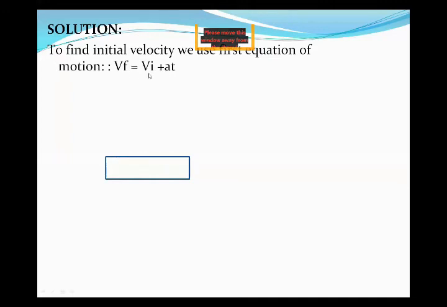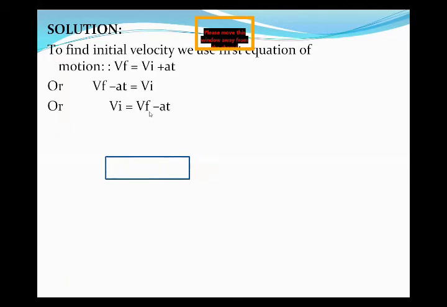To make Vi the subject, we will shift At to the other side. At is positive here, so after shifting it will become negative. So we can say Vi is equal to Vf minus At. After that, we will compute the value.